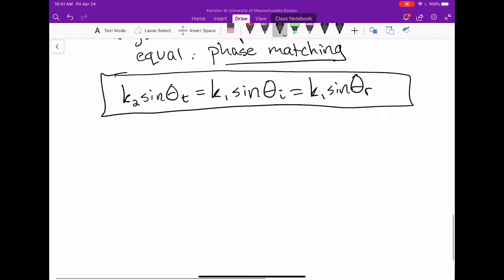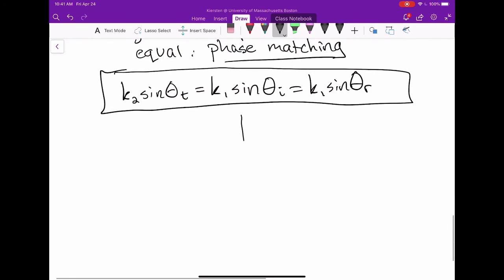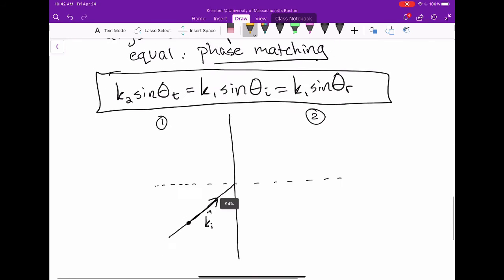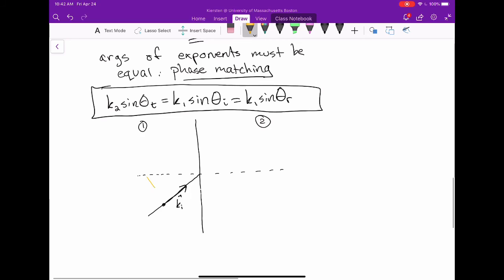Conceptually, what this looks like is if we draw a picture of the interface again. There's our material interface, here's material 1, here's material 2. Our incident wave is incident along some angle, and it's got that k i vector. The incident wave phase fronts are perpendicular to that propagation vector, and they look like this. They have a certain spacing.